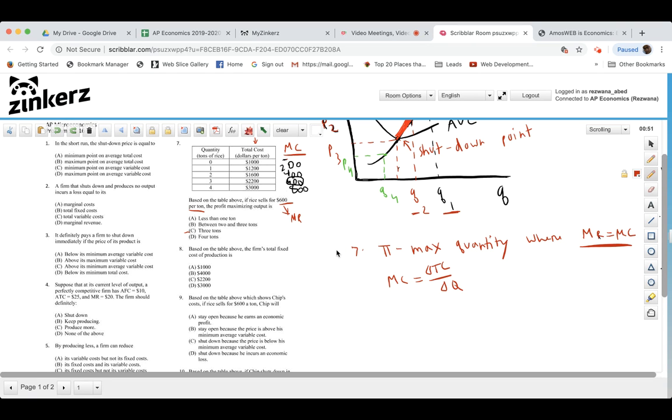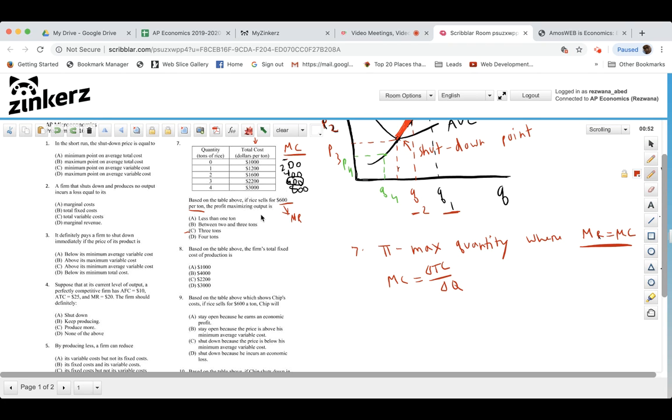I always told you about following this process: look at the table, look at the question, think about what information is given to you, then look at what it is that they're asking you to find. Sometimes it's not so clear, like here, that they're asking about the profit maximizing output.